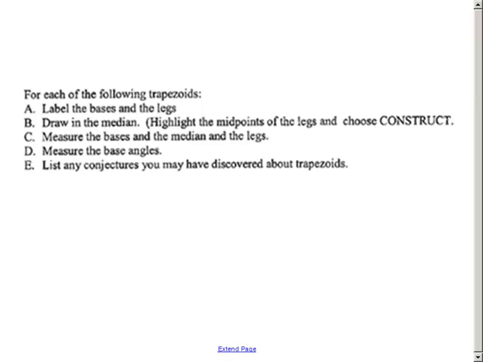So we are measuring all segments of our figure. The third part is that we need to measure the base angles for our figure. And our last step is to note any conjectures, any patterns, any relationships that you see based on your measurements. Please pause and allow students to collect the measurements for each of their figures.